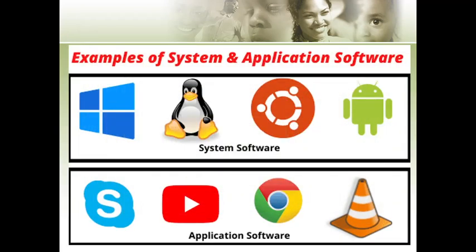So, here are examples of system and application software. System software, that is the example, and the application software, that is the example. Para mas maintindihan natin kung ano ang system software and the application software.